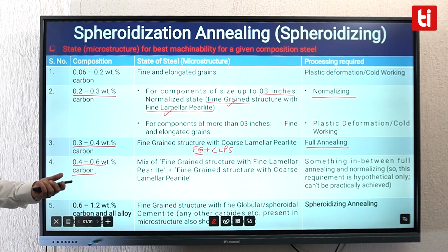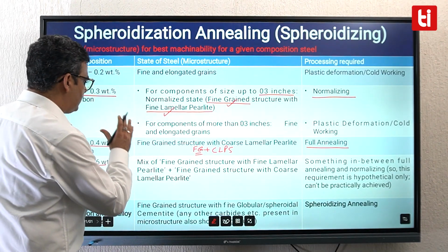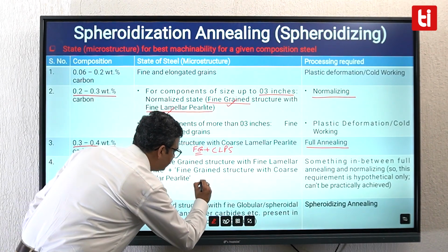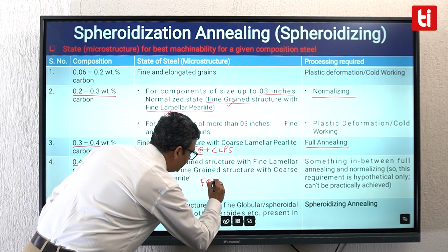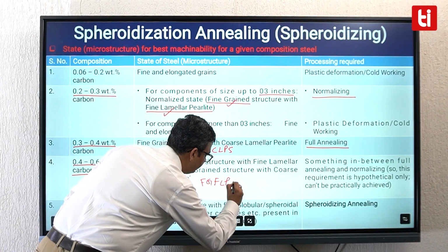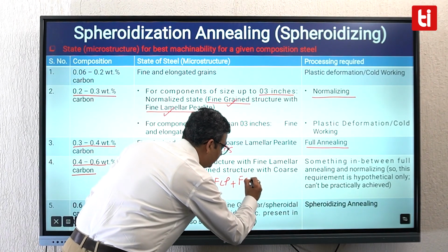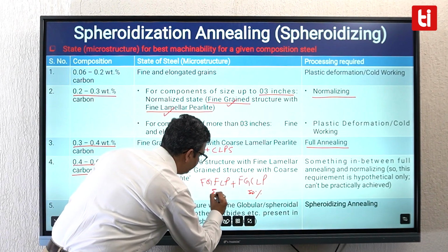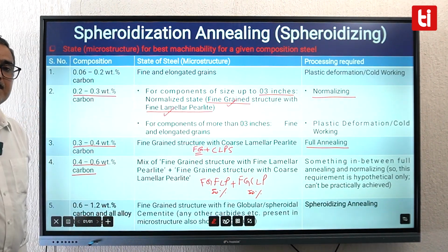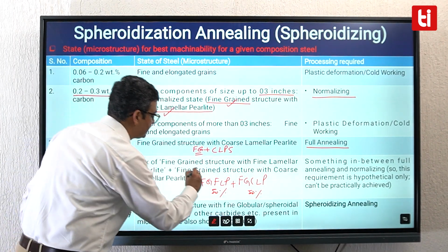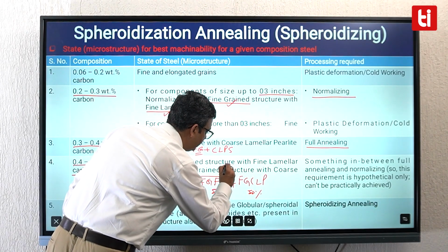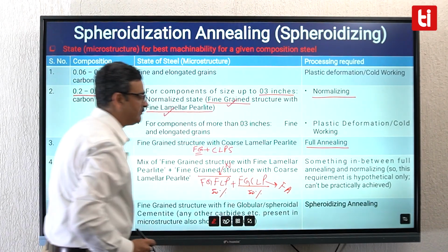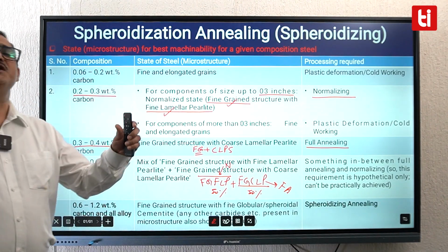But theoretically, if we can somehow get a mix of these two types of microstructures, fine grained, fine lamellar pearlite with fine grained coarse lamellar pearlite, 50% microstructure that comes through normalizing, and 50% microstructure that comes through full annealing, then the best machinability would come.